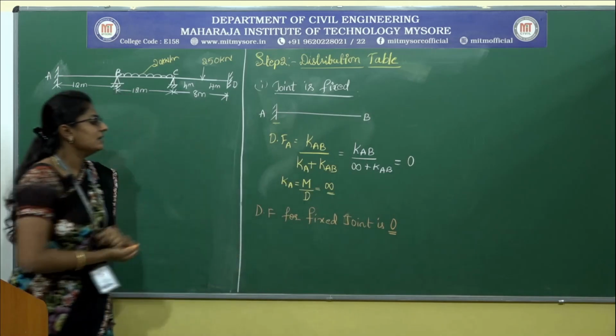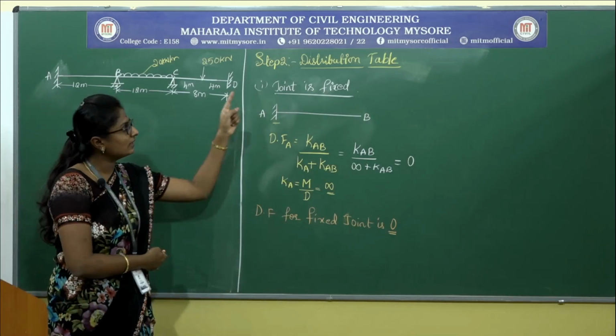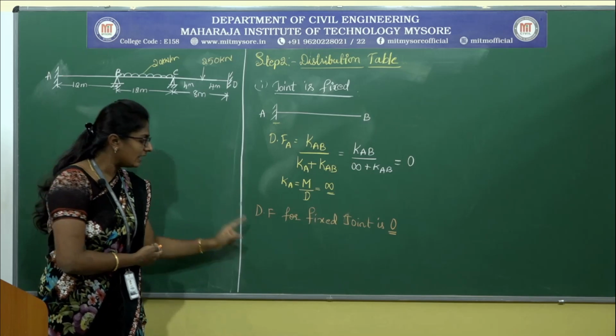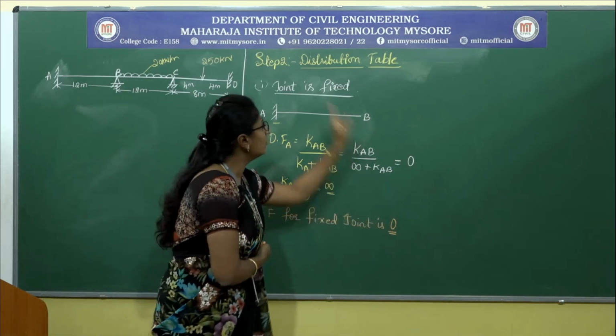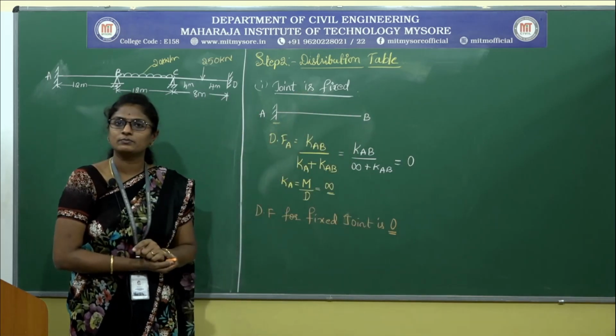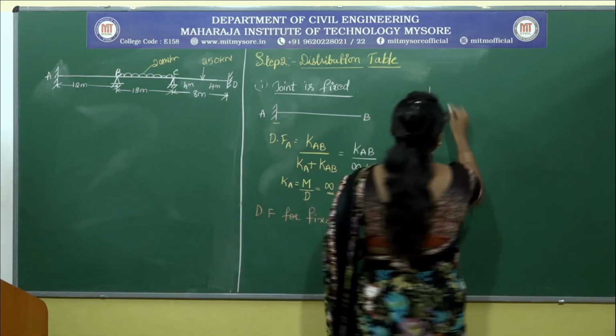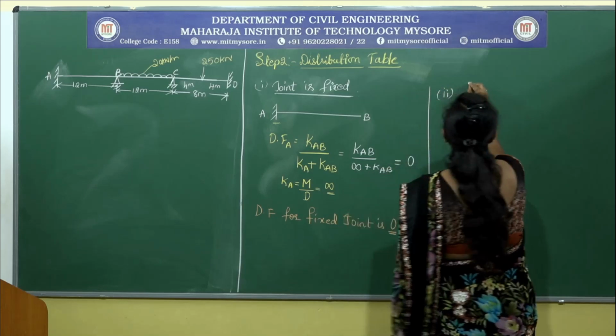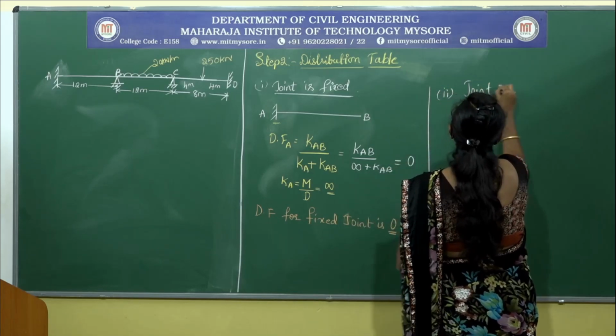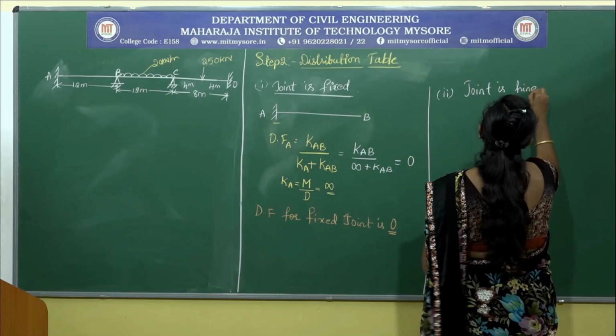So while solving the problem or considering the distribution table, you can directly consider the distribution factor for a fixed end as 0. Similarly, I consider the case when the joint is hinged.